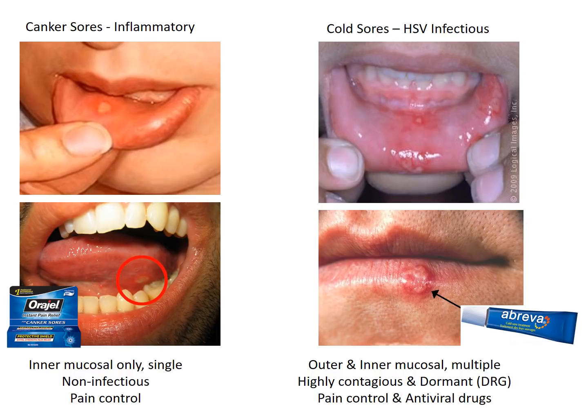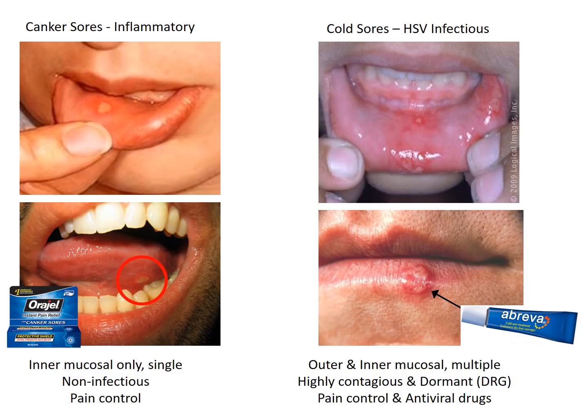Versus a cold sore, which is a herpes simplex infection, those tend to be multiple lesions, multiple painful lesions, as well as lesions on the outer mucosa. So if you see somebody with those type of lesions, don't kiss them, because that's going to give you exposure to HSV.